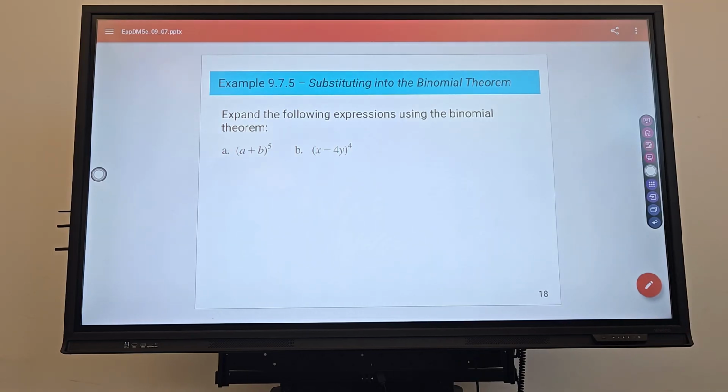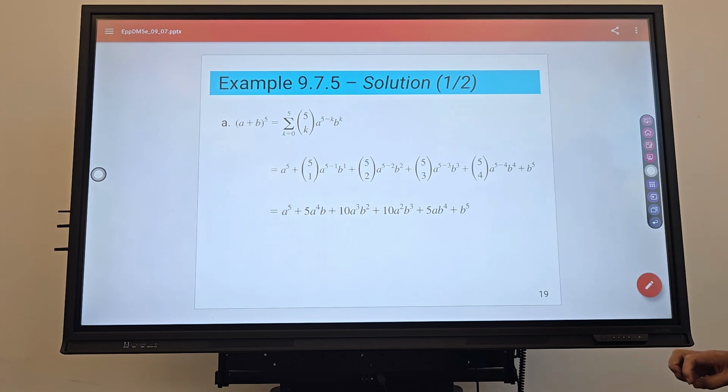So expand the following expressions using the binomial theorem. Well, a plus b to the fifth power is just simply plugging in 5 into the binomial theorem, and you get a summation of k equals 0 to 5, 5 choose k times a to the 5 minus k times b to the k.